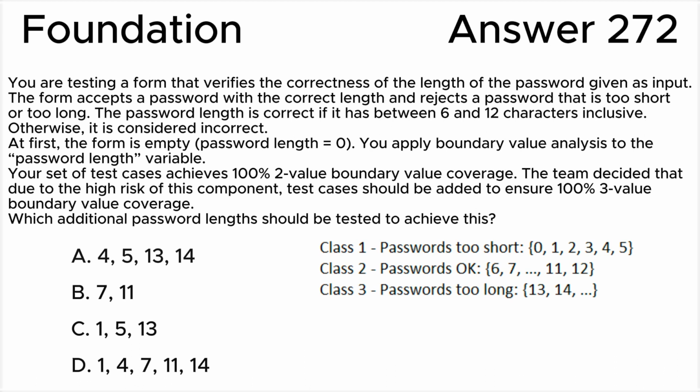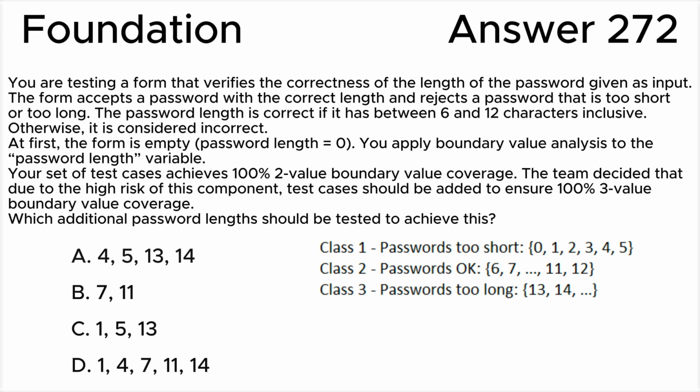The domain for the password length has three equivalence partitions. Class 1 is passwords too short: 0, 1, 2, 3, 4, 5. Class 2 is passwords OK: from 6 and 7 to 11 and 12.